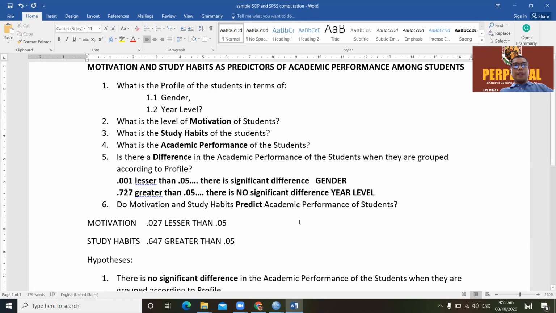You interpret this as: motivation significantly predicts academic performance.